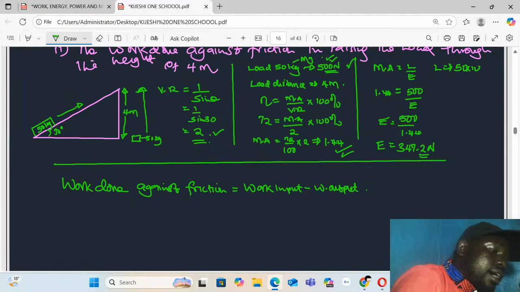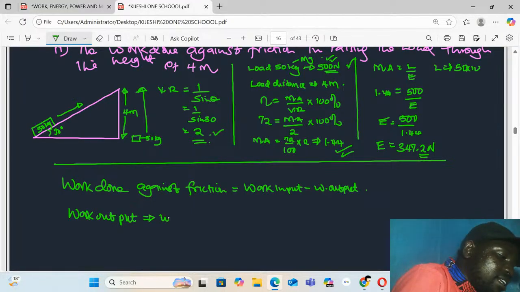So our work output will be the same as the work done raising through 4 meters.